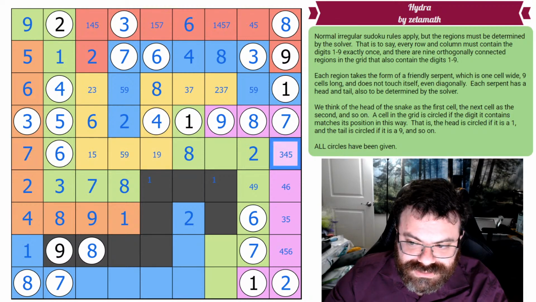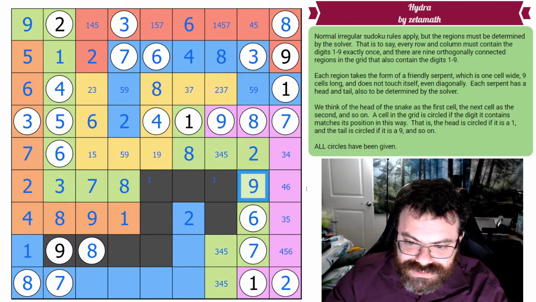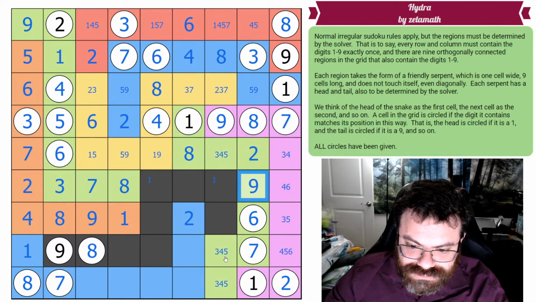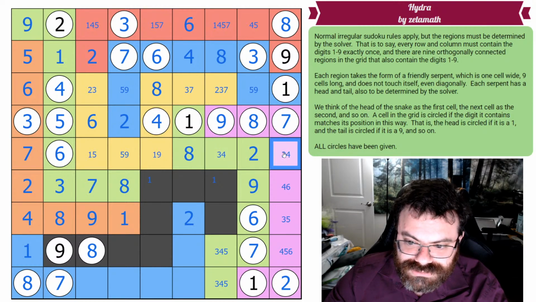1, 5, 9. This is not 5. We have 1, 2. We need 3, 4, 5, and 9. Okay, so that means 9 goes here. 3, 4, 5. This isn't 5 because of the 1, 5, 9. 3, 4 pair now.